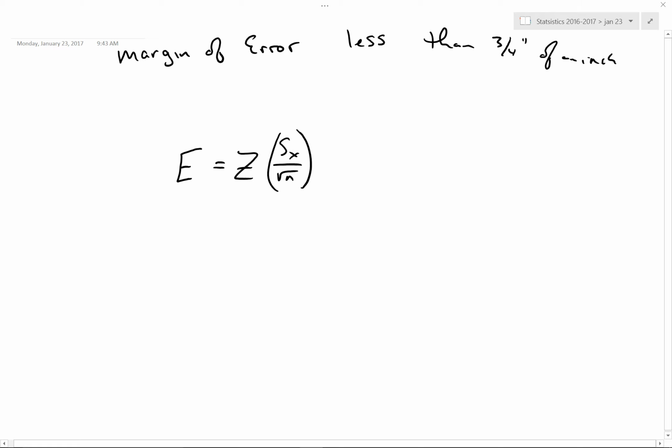And the standard deviation is pretty much going to be the standard deviation regardless. So the only thing I can really do is what? Make my sample bigger. As you know, the bigger the sample, the less variation we have, yes? We drive it down. So, obviously N needs to be larger.